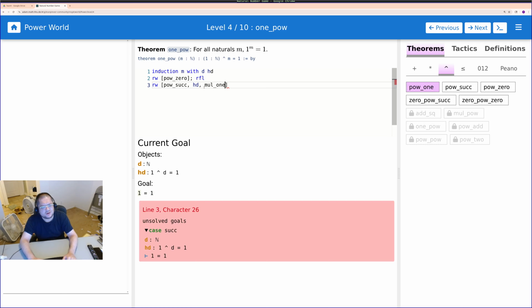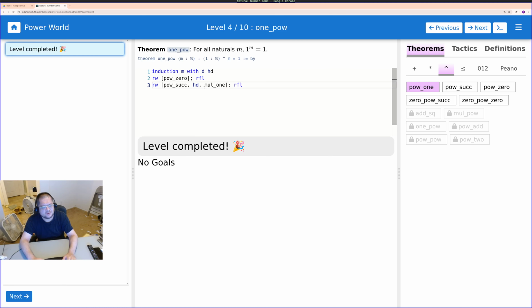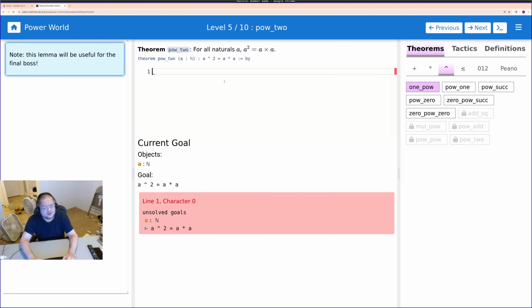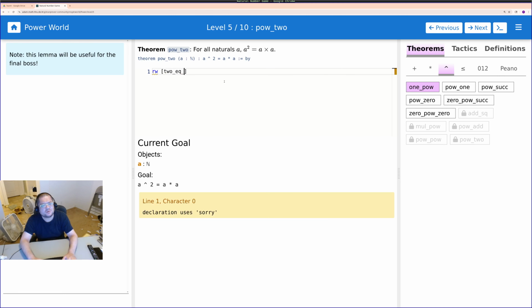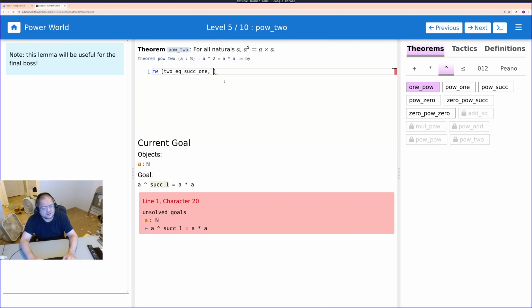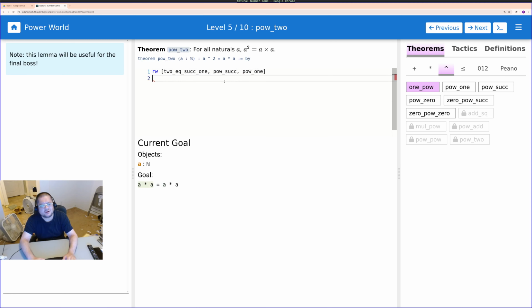Multiply by 1. And then we're done. Rewrite 2 equals successor of 1. Power of successor. Power of 1. And now we're done.